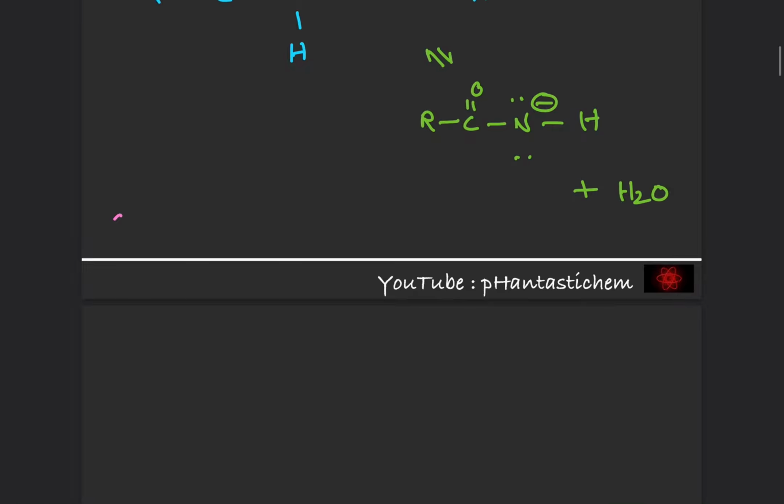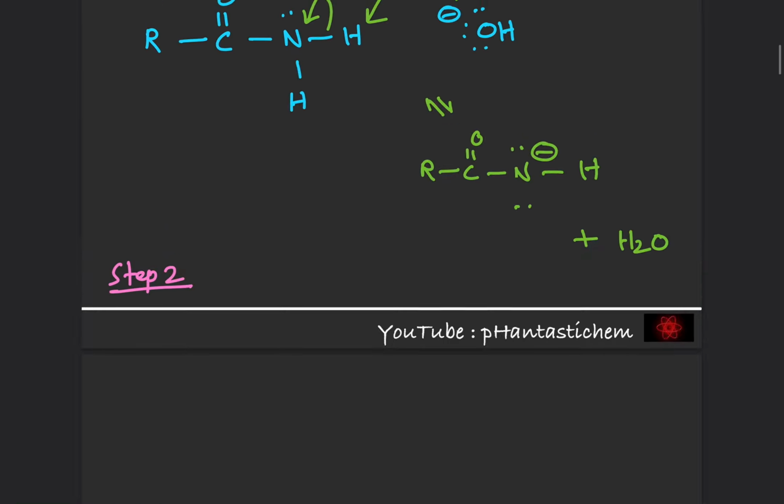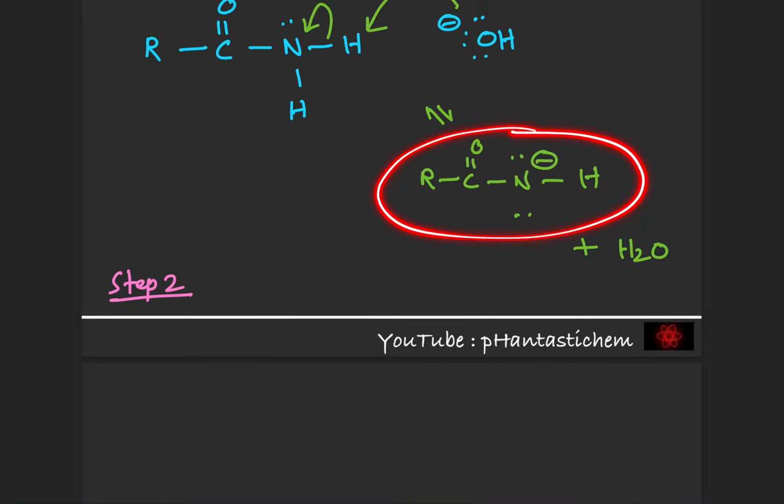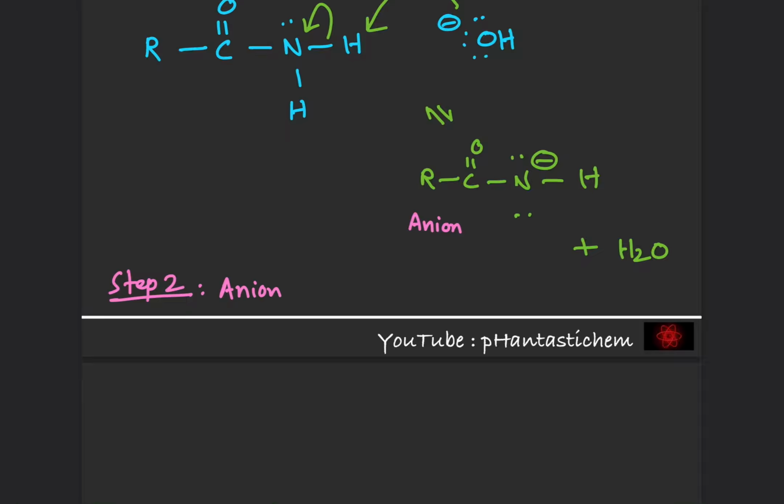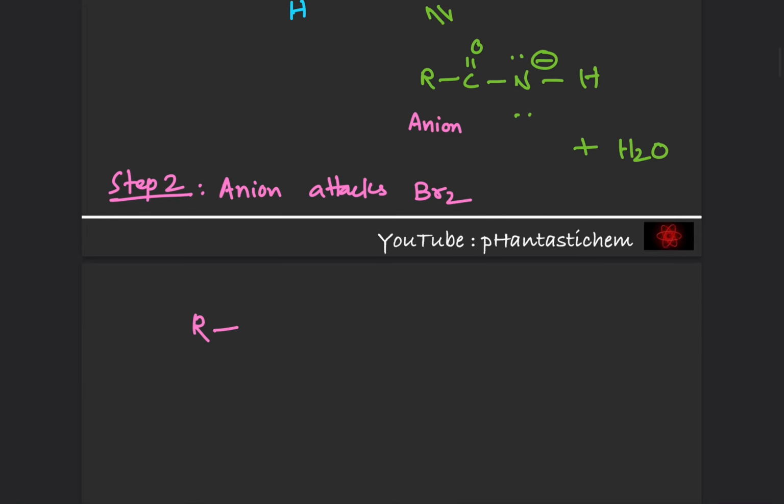Step 2 is the anion that we formed attacks bromine, that is Br2. So this RC double bond O, N with an H, attacks Br2.